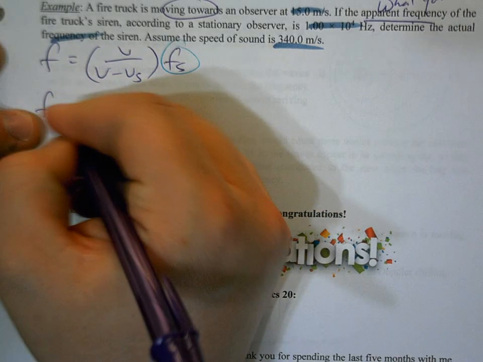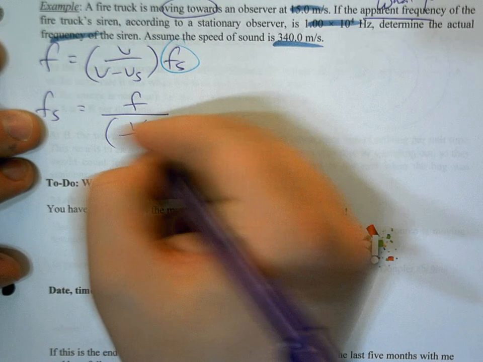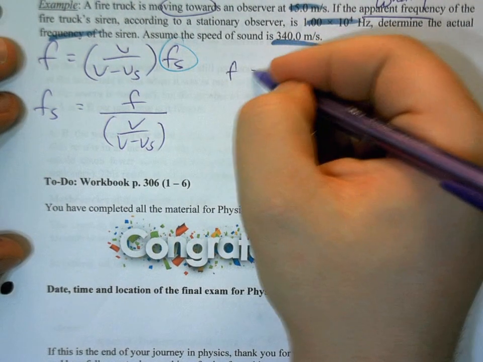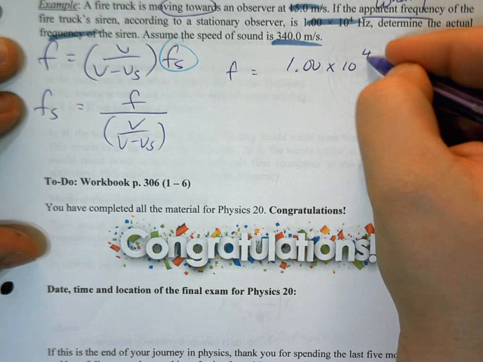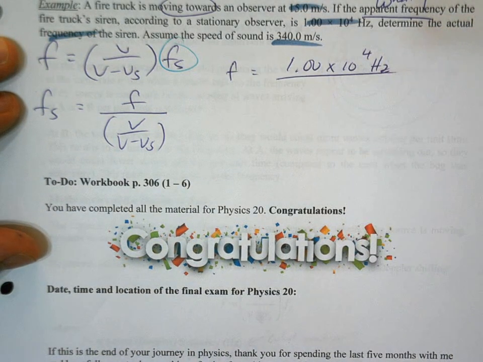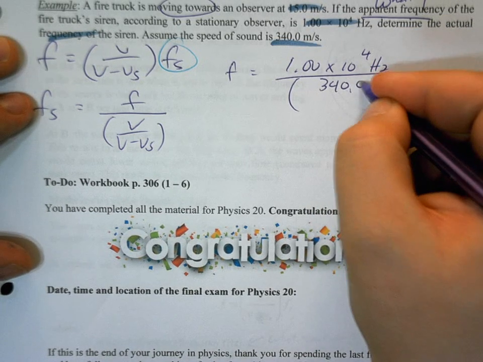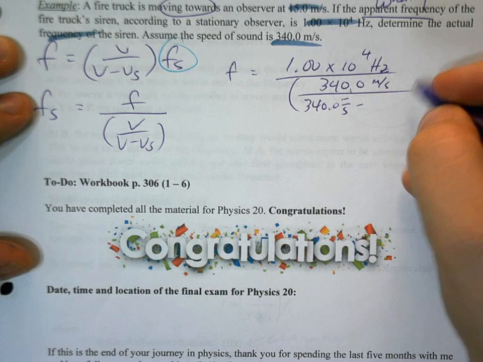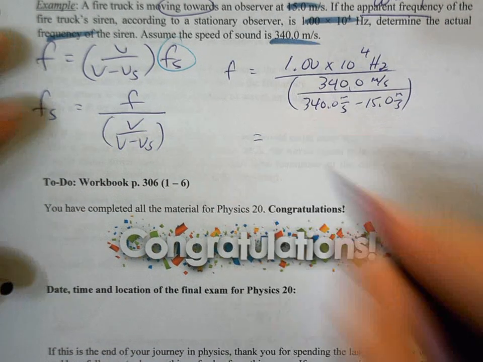So the source frequency is going to be this apparent frequency divided by V minus Vs. The Doppler frequency that we have observed is 1.00 times 10 to the 4 hertz, and then we're going to divide it by this lovely mess down here. So we have 340 meters per second, and then we are told that this object is traveling at 15 meters per second.